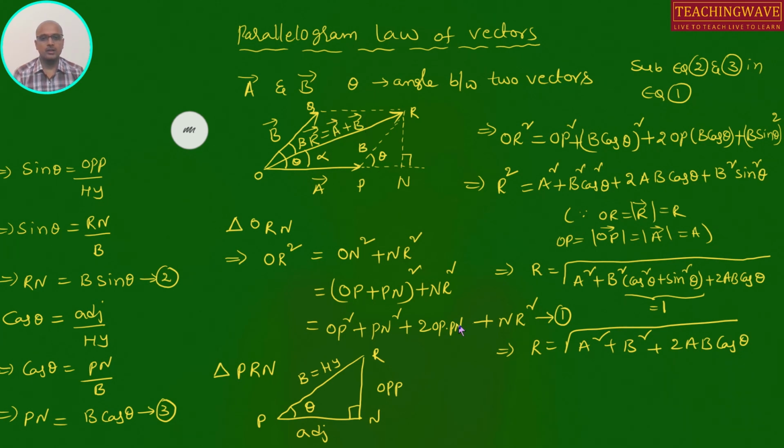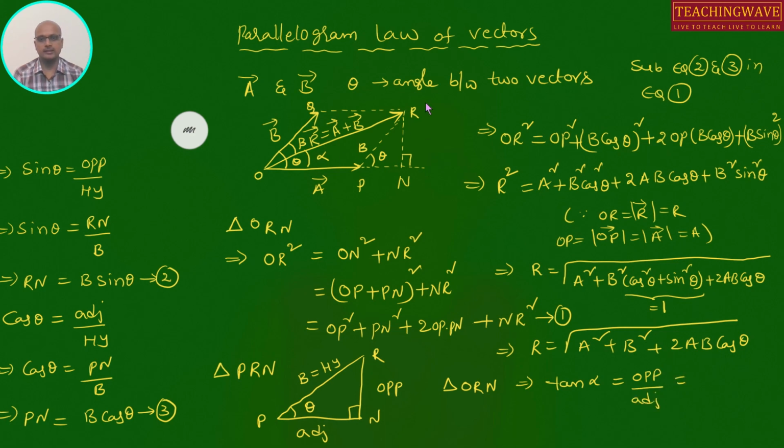Now come to the angle made by the resultant vector with one of the vectors. For that purpose I am taking the larger triangle once again, ORN. In triangle ORN, tan alpha is equivalent to opposite side by adjacent side.